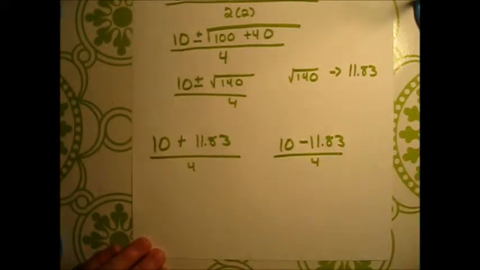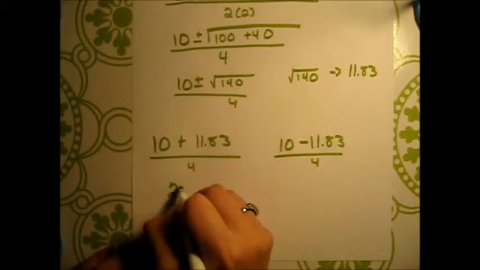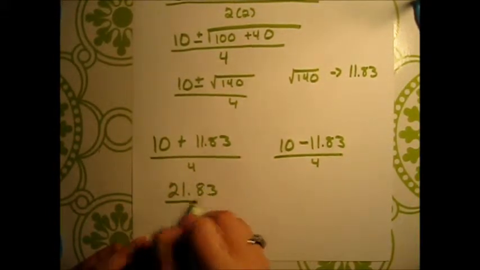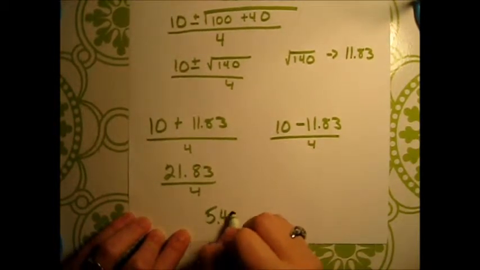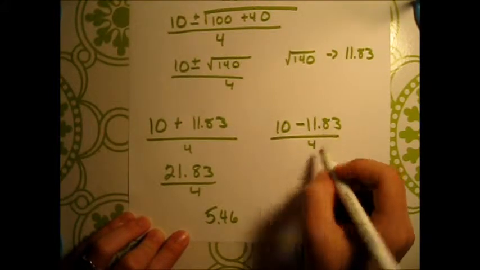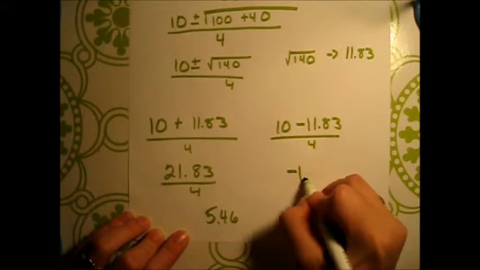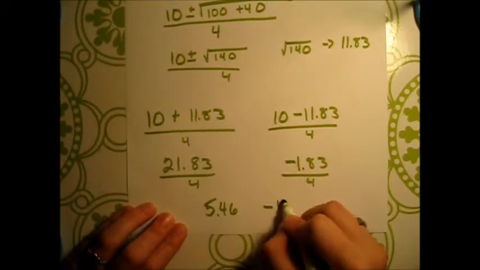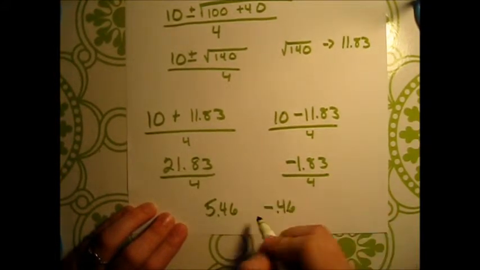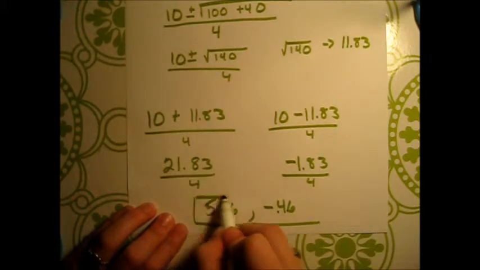Now 10 plus 11.83 equals 21.83 over 4. And when you divide that, you get 5.46. And over here, 10 minus 11.83 is negative 1.83 over 4. Divide that off, you get negative 0.46. And these two are your solutions.